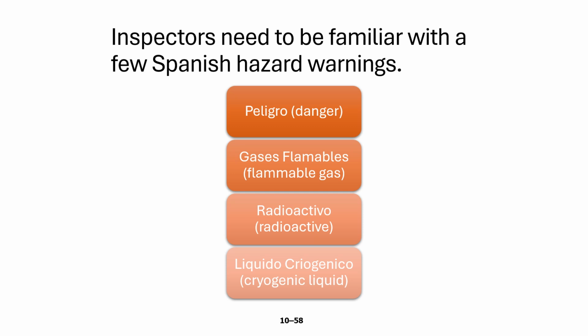Some of the buzzwords that help us understand what type of hazard we have, what you'll see in Spanish, whether it's radioactive, cryogenic gases, or just a general danger type of placarding.